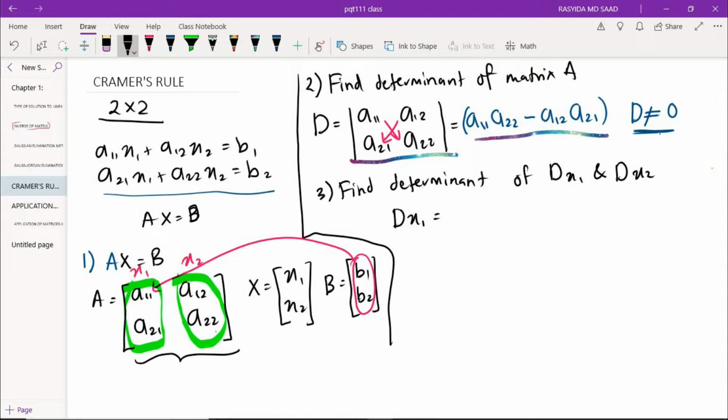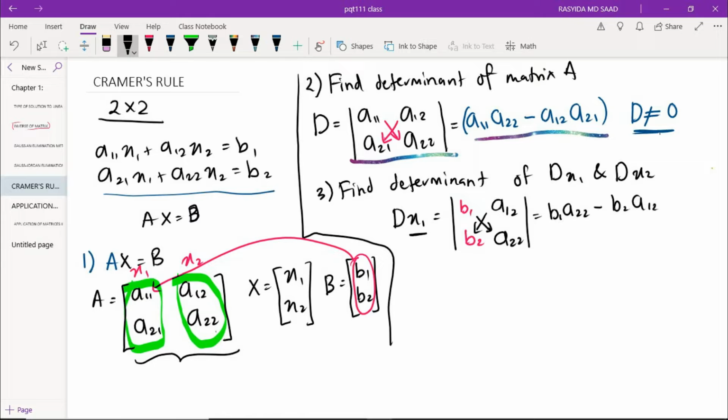Since right now we want to find the determinant of x1, we need to substitute matrix B, which is B1 and B2, into the first column. The second column is still the same element. Then find the determinant of this matrix. So it would be B1 A22 minus B2 A12.